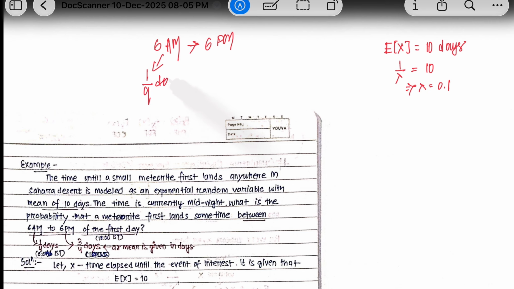Think of the 12-hour clock: 0, 6, 12, 6, 18. 6 a.m. is a fourth of the day, and 6 p.m., equal to 18, is 3/4 of the day.